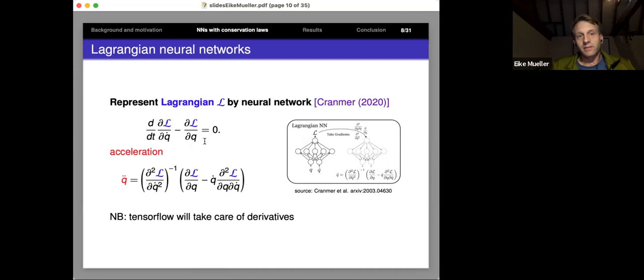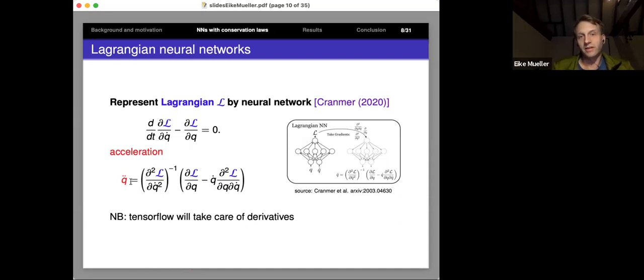Okay, and if you take these equations here and then take another time derivative, you get an expression for the acceleration. So you can solve this for the acceleration, and you get this expression here. If we now represent the Lagrangian by a neural network, so the L takes in some q and q dot, and plug it into this formula, we get the acceleration.